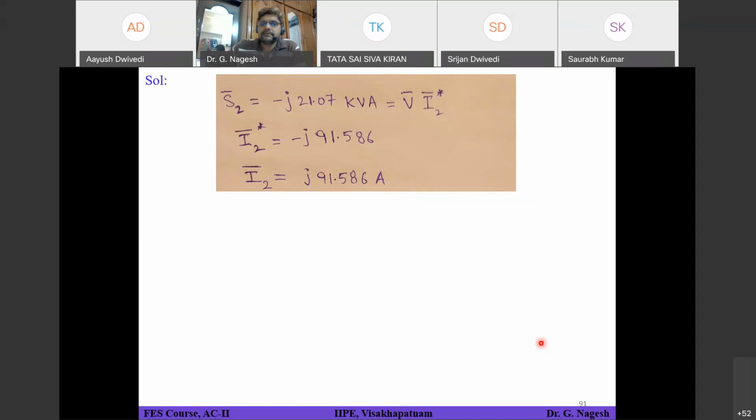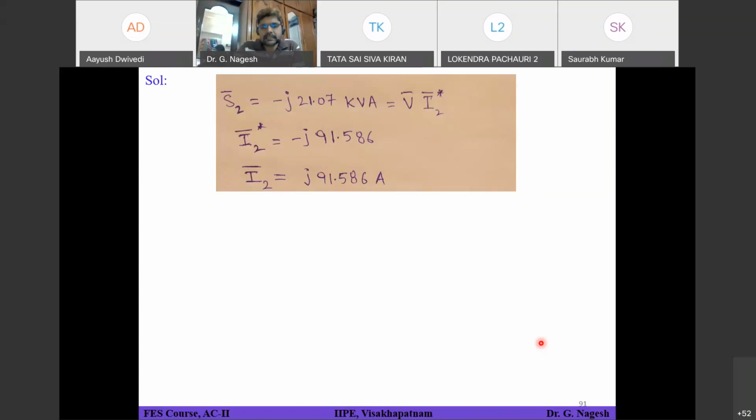So you try to do that. Voltage is 230 at an angle of 0 degrees divided by this current.